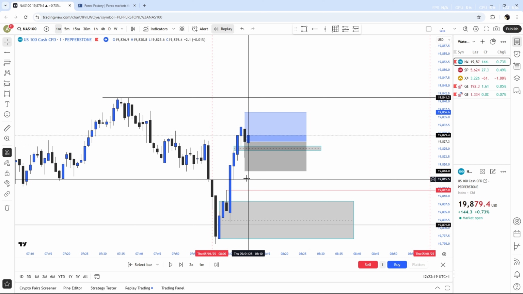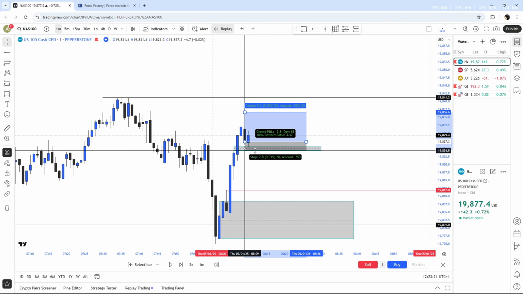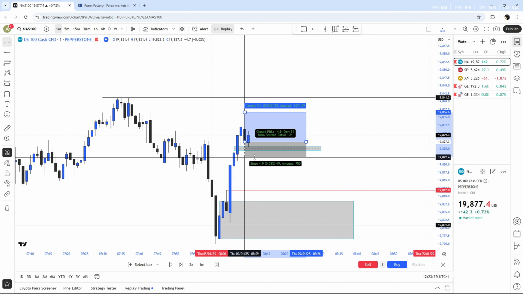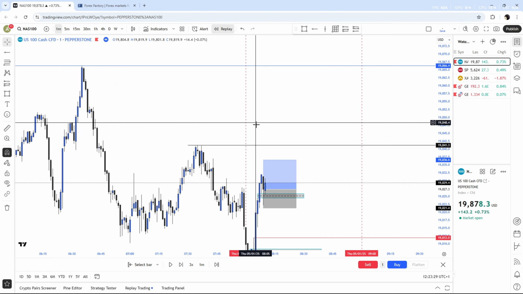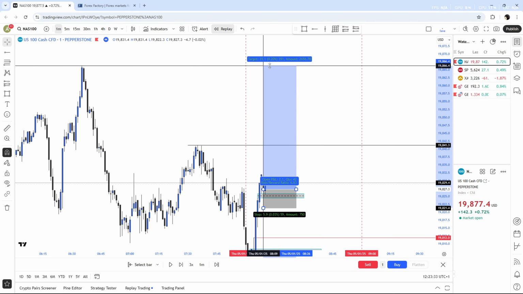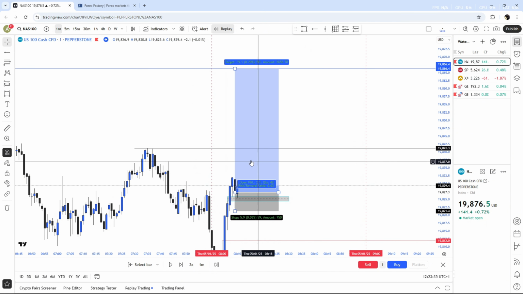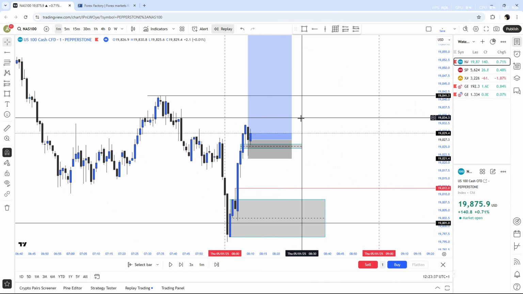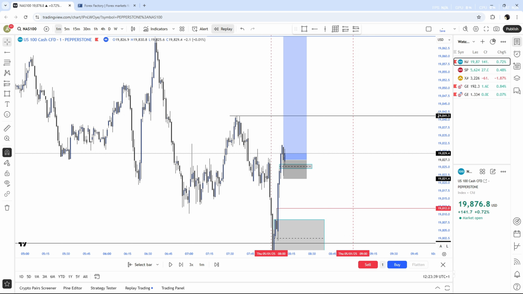Now with me, I don't put my stop loss below where the fair value gap is. I put it below the candle that the fair value gap was formed in, and then my take profit was up at these Asian session highs. First take profit was here, and my second take profit was all the way up there.